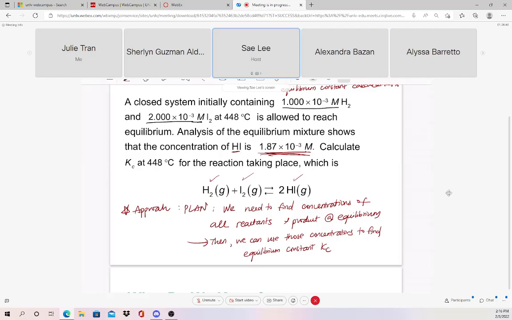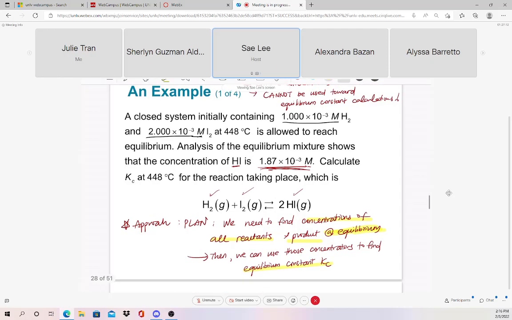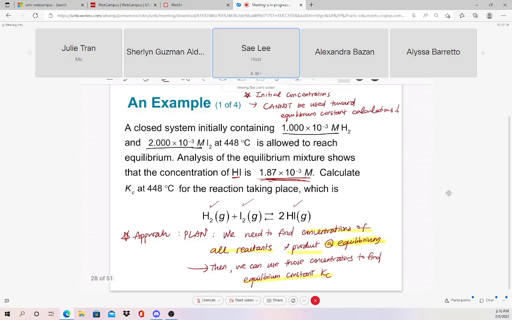So we're going to find the concentrations of all the reactants at equilibrium. The product's equilibrium concentration we already know. Once we have all the reactant and product concentrations at equilibrium, we will use those values to find the equilibrium constant Kc. So the takeaway is that you cannot use initial concentrations toward equilibrium constant calculations.